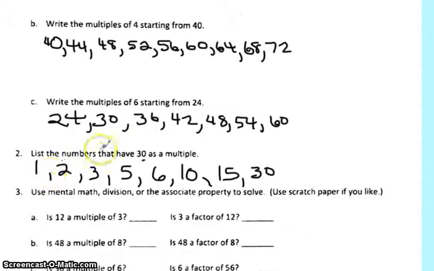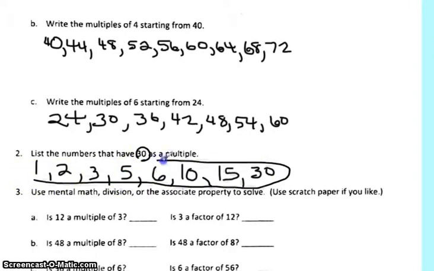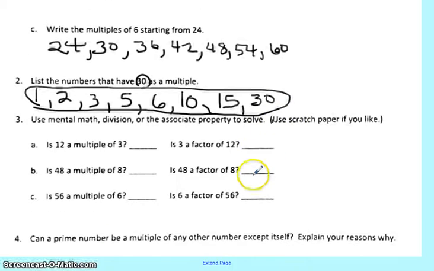What do you know? What produces the multiples? We all know that these are the factors. So each of these factors, if we skip count by the factor of that number, we know that it produces that multiple.